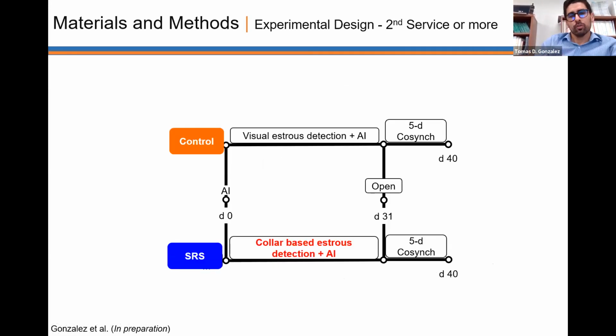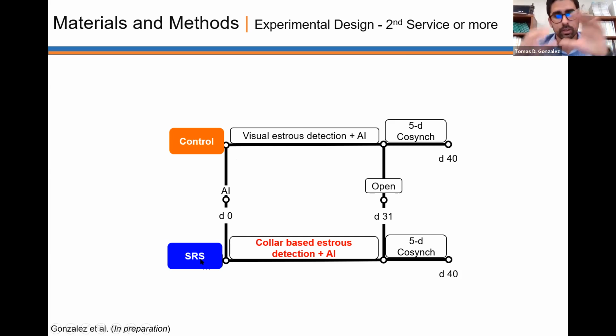And then for the second service and further services, we're going to have this. For the control cows, we call day 0 the day they receive the insemination for the first service. The control cows could be bred if they are detected in heat, according to the trained workers on the farm. If they are called open at 31 days, they go to the 5-day Co-Synch.